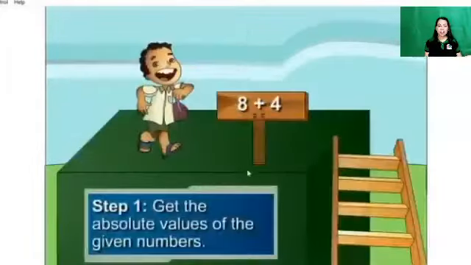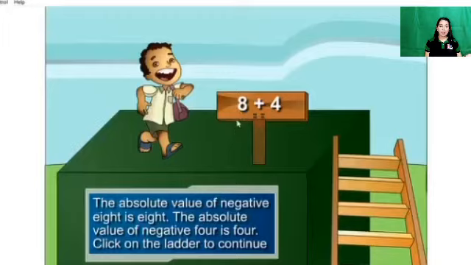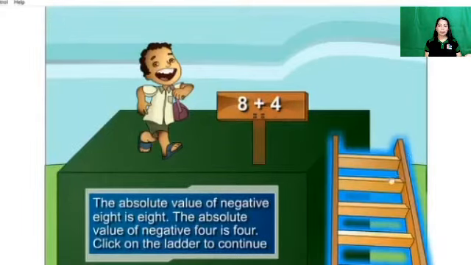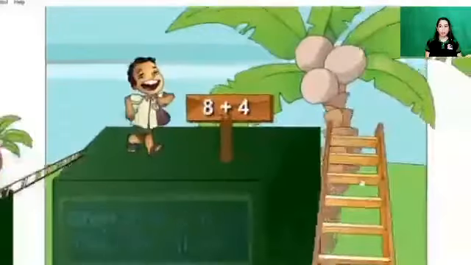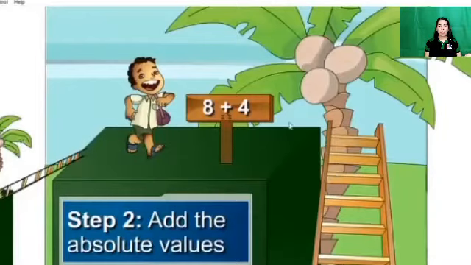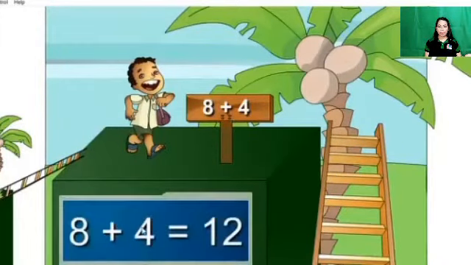Step 1. Get the absolute values of the given numbers. The absolute value of negative 8 is 8. The absolute value of negative 4 is 4. Click on the ladder to continue. Step 2. Add the absolute values. 8 plus 4 equals 12.